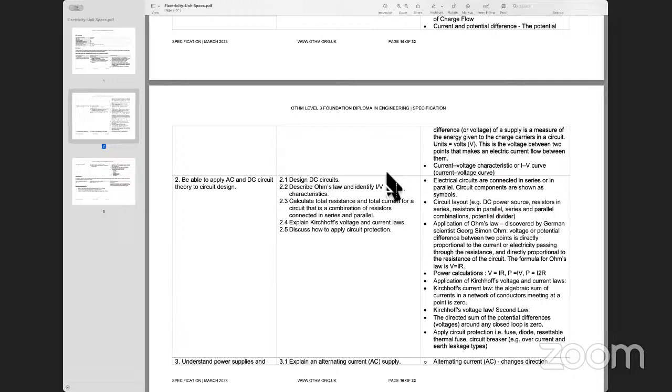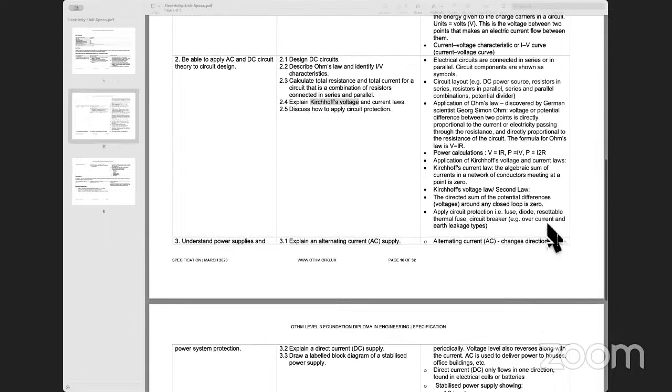We'll also be looking at some of the important concepts like Kirchhoff's voltage laws, and obviously some of the laws which do apply when we talk about electricity, and look at implementing the principles of electricity and electrical circuits when we conduct experimentation and design electrical or mechanical circuits wherein electricity is used.